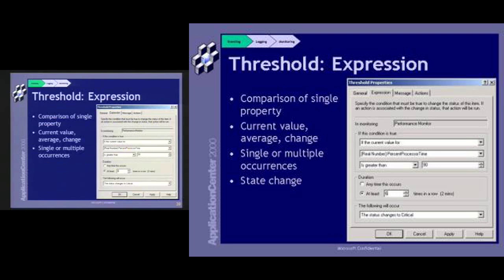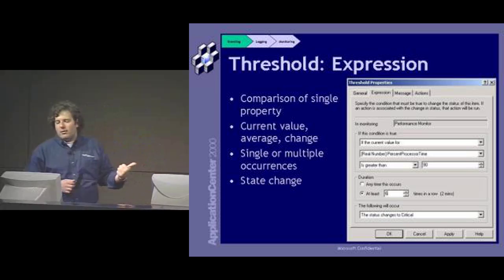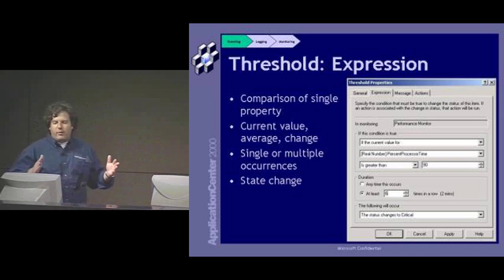You can compare with greater than, less than, equals, not equals, greater than or equals, contains, does not contain. So here I'm looking at the current value for percent processor time is greater than 90 for at least 6 times, then go critical. So I can threshold against a single occurrence or a number of occurrences.